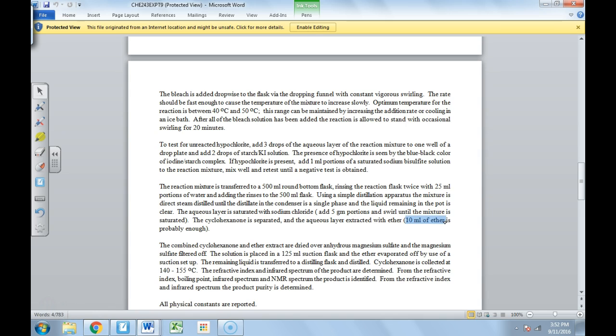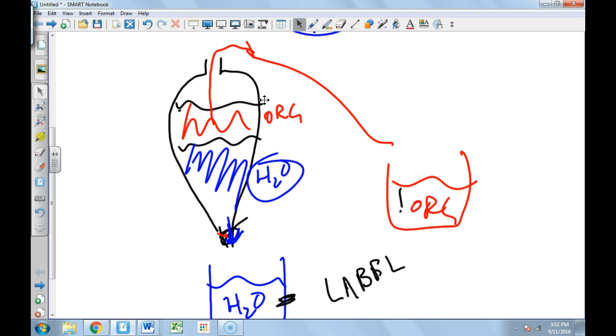So that's what the ether is. We're using the ether right in here to make sure that we pull this stuff out. When we use ether, that's called a wash. We wash the water layer to get all the organic into the organic layer. Shake, vent, shake and vent, and do that stuff.